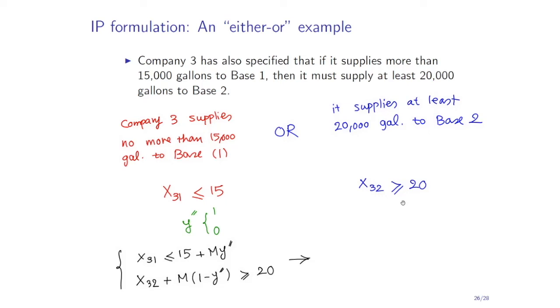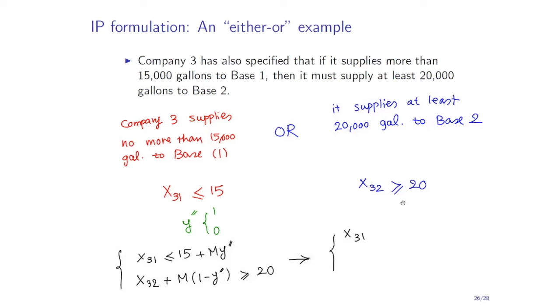And again, let's try to find appropriate values for m. So let's see, X31 less than or equal.